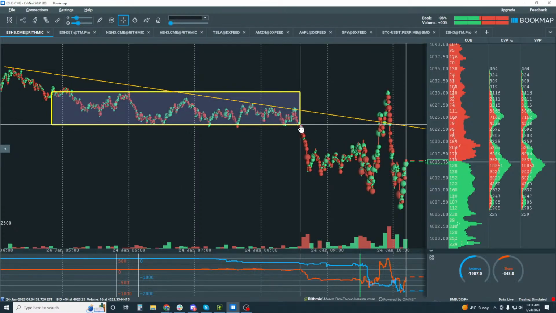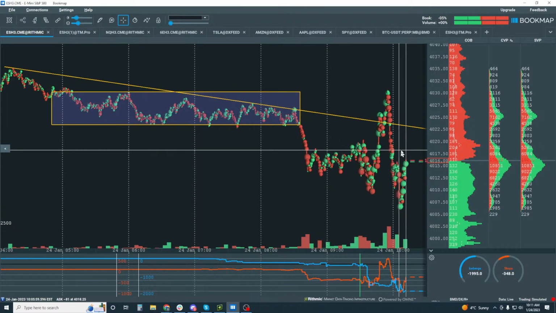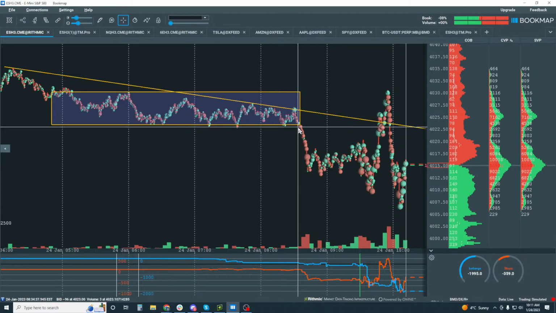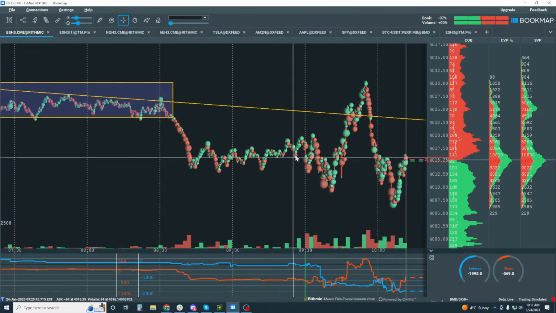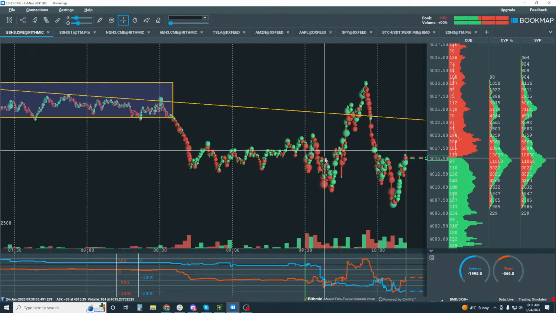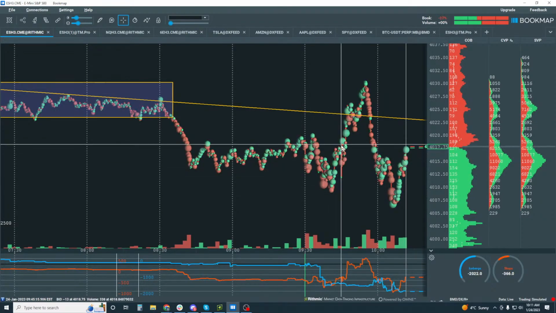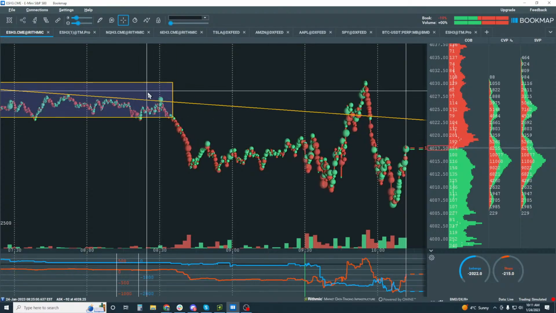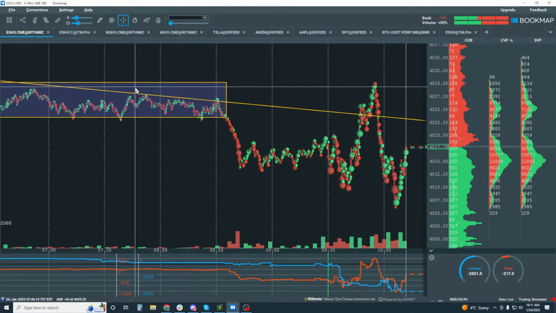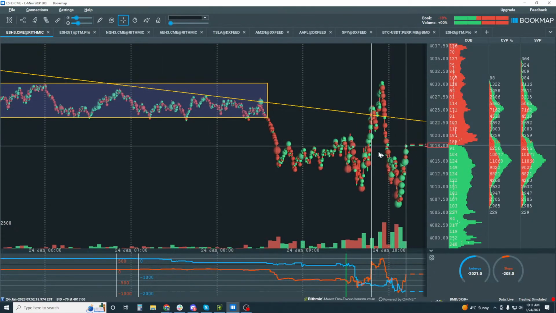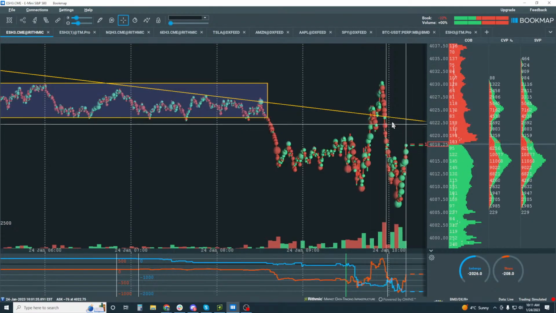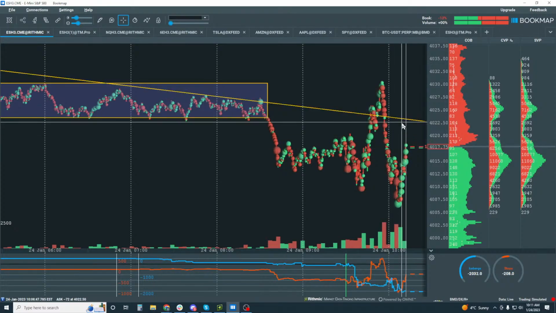Now let's take a look at what happened after that. This was not until the open here, the cash open, 9:30 a.m. Some back and forth here, more sellers drive it back down, and the buyers come in and move it back up to here. Why? Is it all this new buying coming in and seeing some sort of advantage?